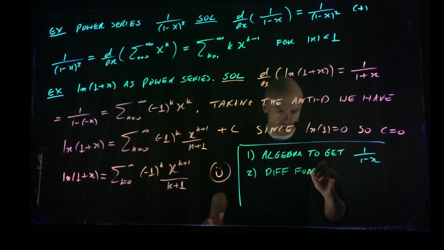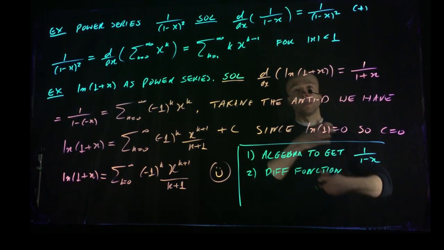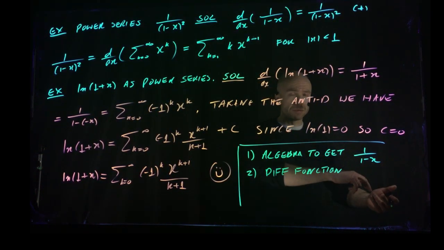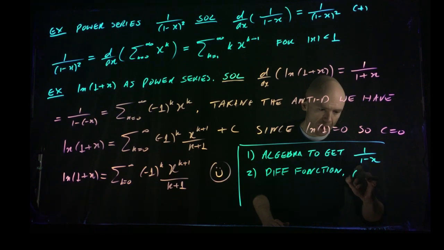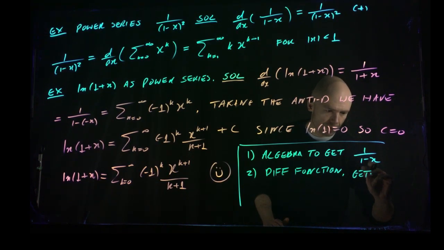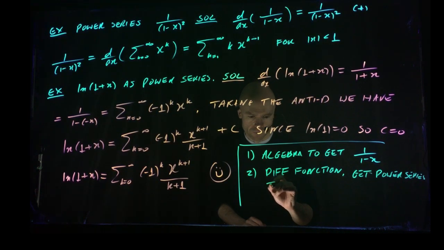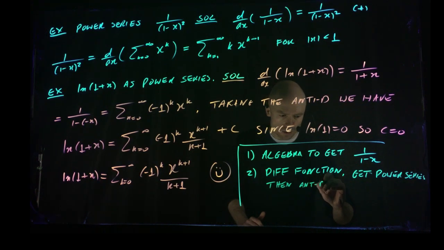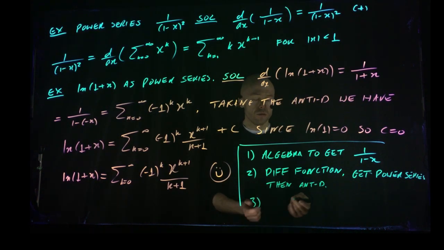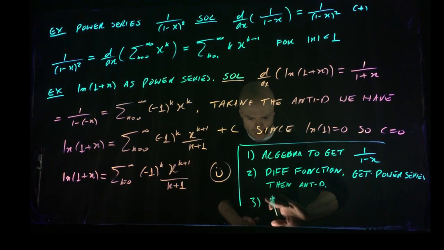Then after you do this, it can maybe look in the form of 1 over 1 minus x, then expand out that thing, the derivative of your function, then unwrap the procedure by taking the antiderivative. So get power series. Then anti-d, okay? Or we can integrate our function, or take the antiderivative, better to say it that way.